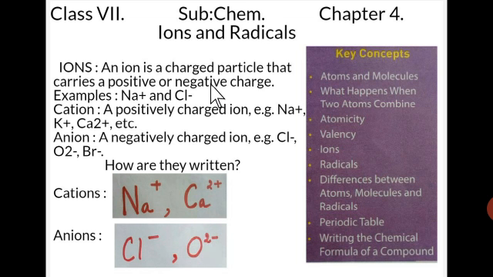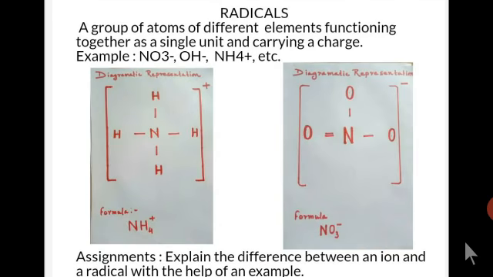Now let us go to the second topic, that is radicals. Let us see what radicals are. A group of atoms of different elements functioning together as a single unit and carrying a charge is called a radical. So this is the definition.